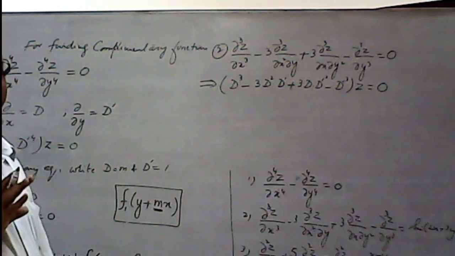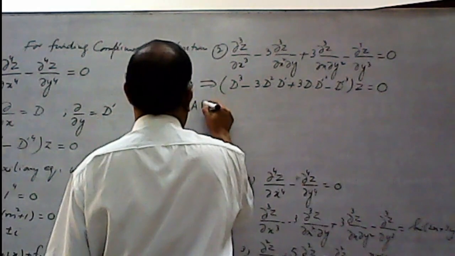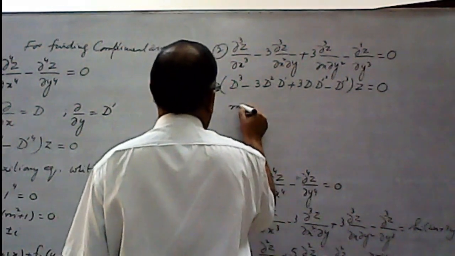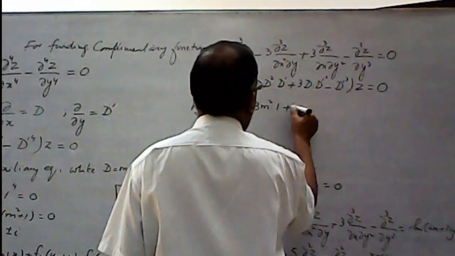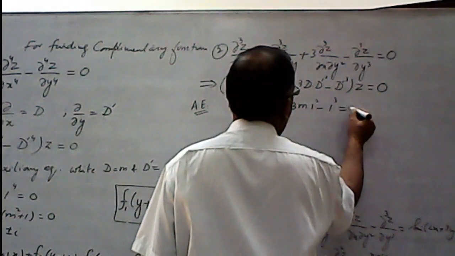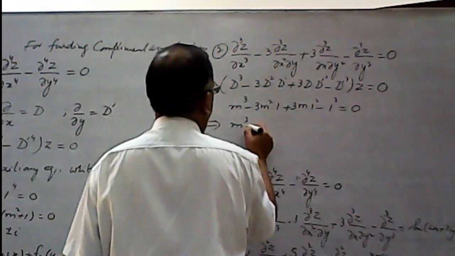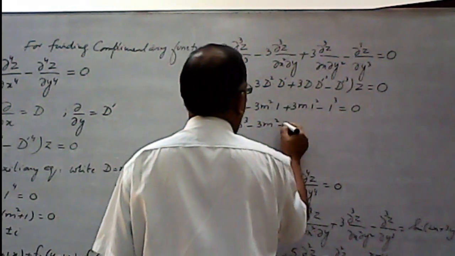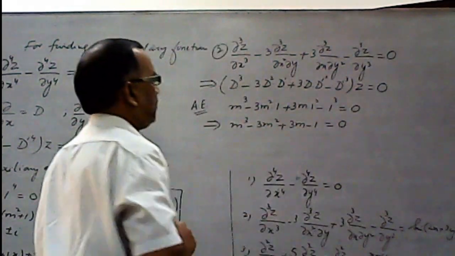So this is the operator D form. Now writing the auxiliary equation. So this is m cube minus 3m square into 1 plus 3m into 1 square minus 1 cube equal to 0. It means m cube minus 3m square plus 3m minus 1 equal to 0.